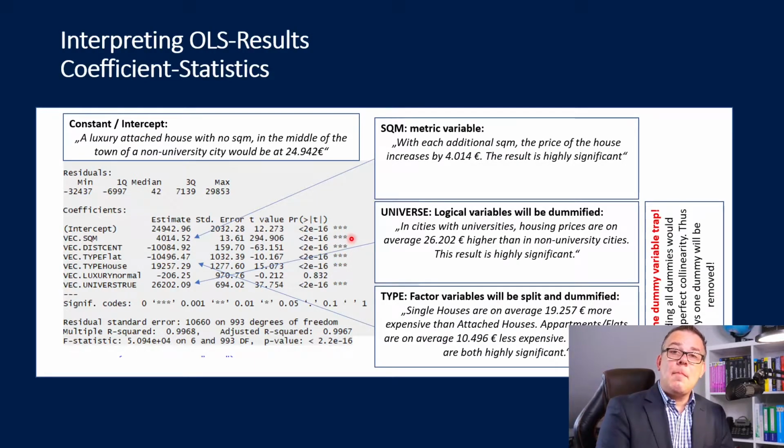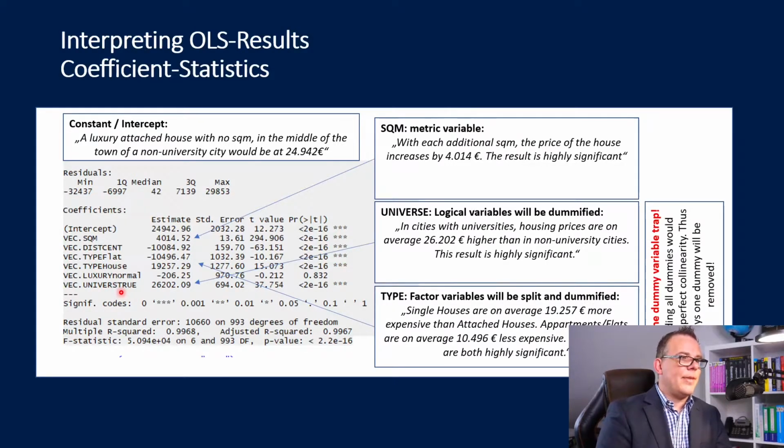So this is a metric variable. Square meters is metric. But in this model there are also other variables included, like logical variables or factor variables. Both have in common that they got dummified. Let's start with the university variable, vector universe. Here we see that for vector universe, there is a TRUE appended.